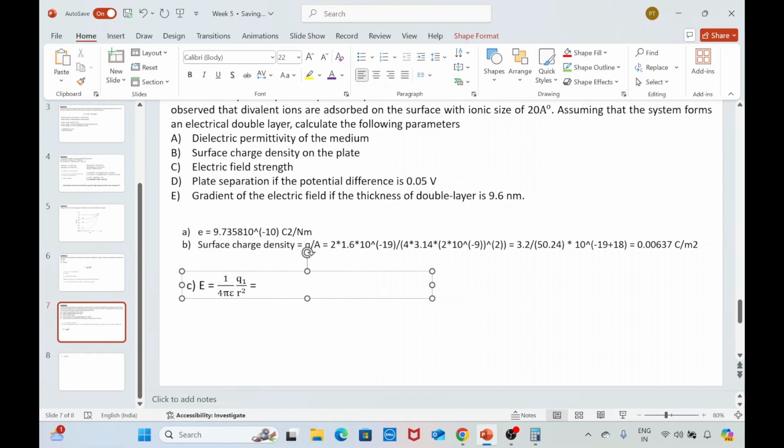So if you see here, we can do a small simplification.